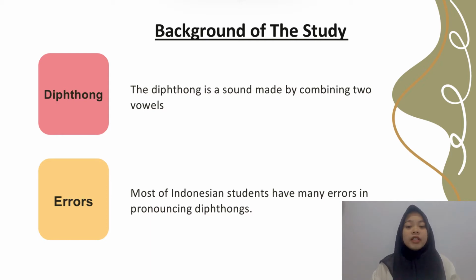And when I was attending a micro teaching in the English course at the University of Bengkulu, many of my classmates made mistakes in pronouncing the diphthong sound when making presentations. They did not realize that they had mispronounced them.